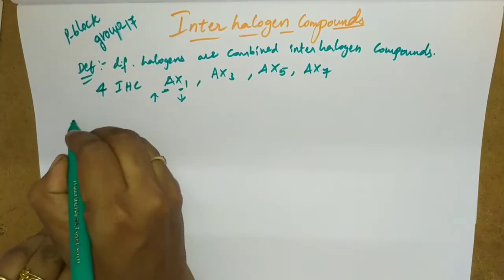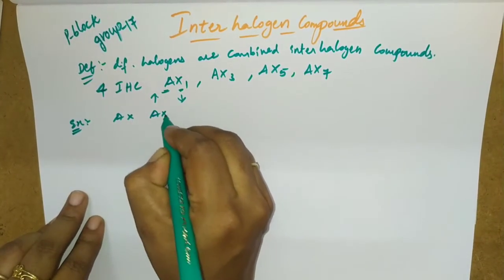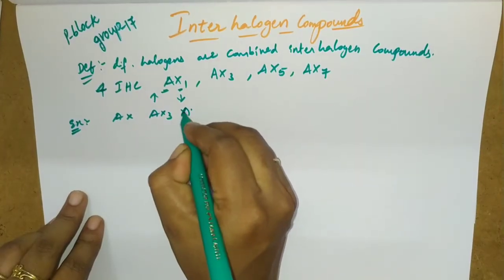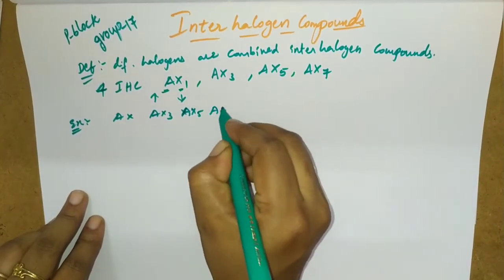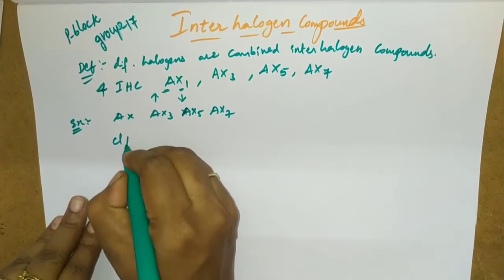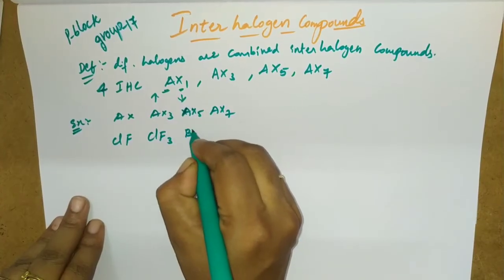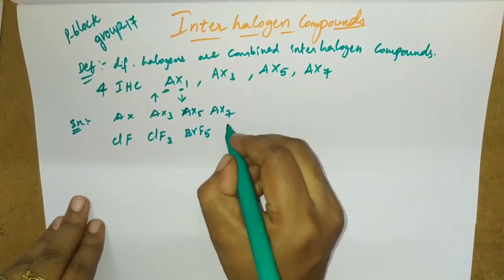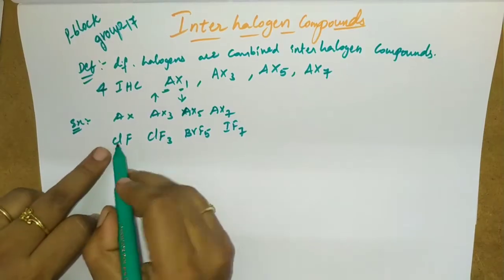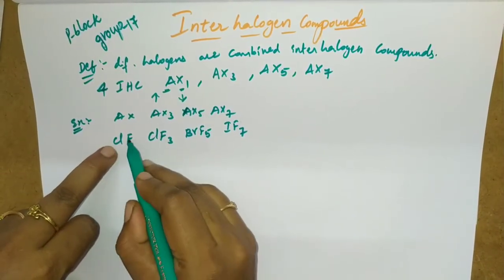So here, examples: AX, AX3, AX5, and AX7. Each one has an example: ClF, ClF3, BrF5, IF7. This one is higher and acts as the nucleus, the main element in that compound. This one is lower.